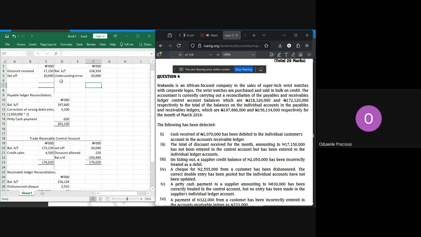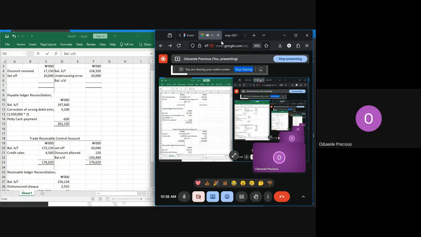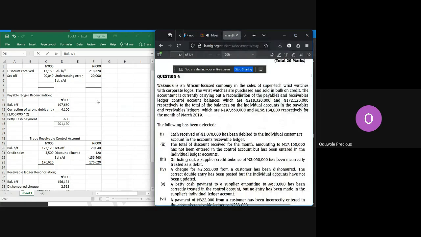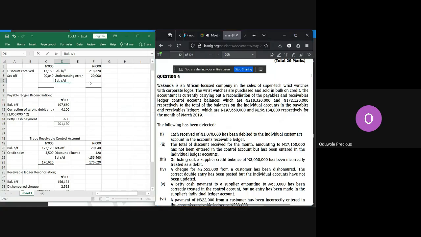If you check this one, the balance should be here, balance carried down. I want to check whether this is still connected. If you add all this together, this one gives the highest. This is where the balance carried down answer will be. Sorry, it's because I'm rushing now.